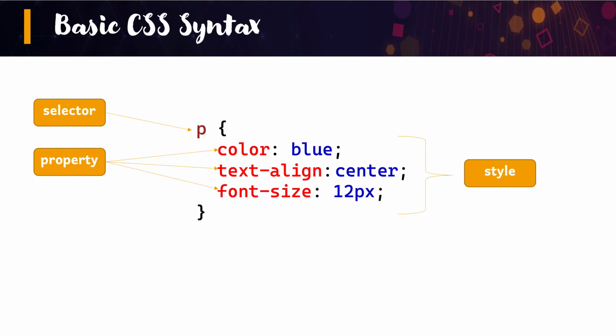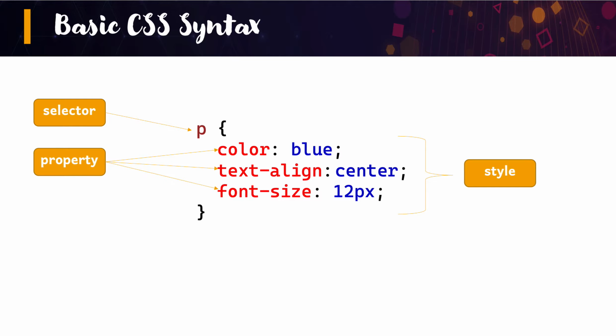The style has properties. I'm sure you are familiar with the HTML tags, and each tag has attributes and values. Likewise, each style also has properties and values. In the example that you have, whatever is there on the left side of the column is a property.